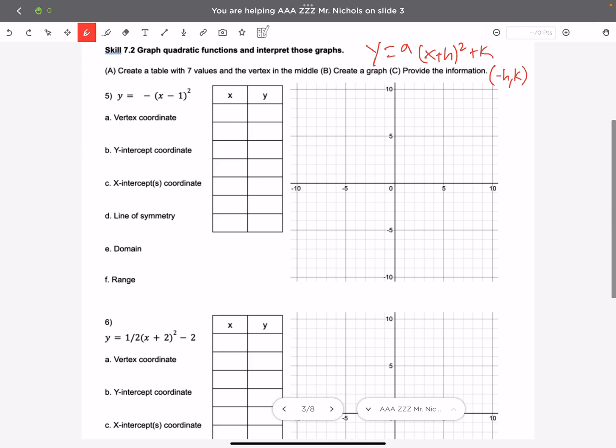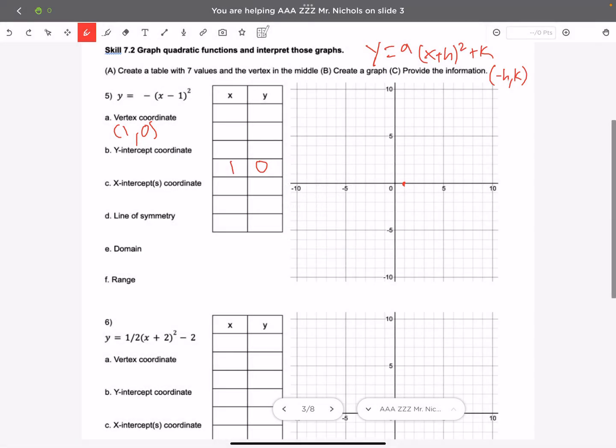So looking at here, I can see that I have negative 1, so that means my vertex is going to be at 1 comma 0 in this case. And I always want to put that as my middle term, or as my middle part of my table. And I can also just plot 1 comma 0 right there.